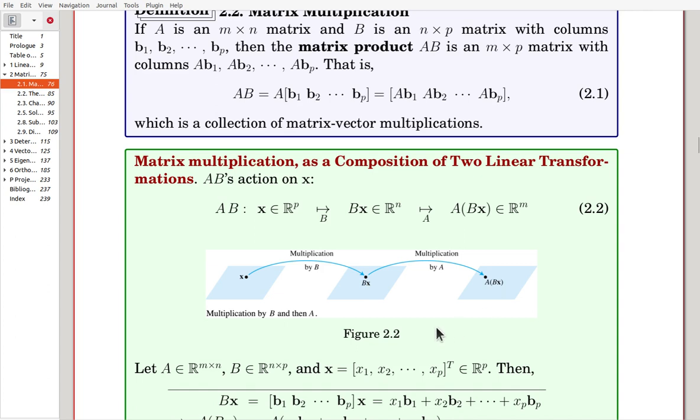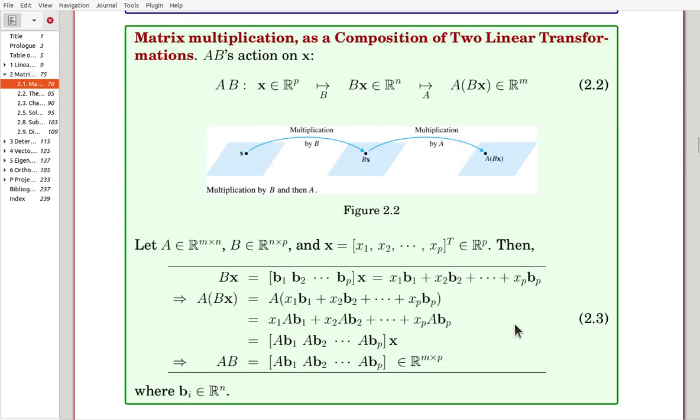Let's try to see the details of this matrix-vector multiplication, the composition of two linear transformations.